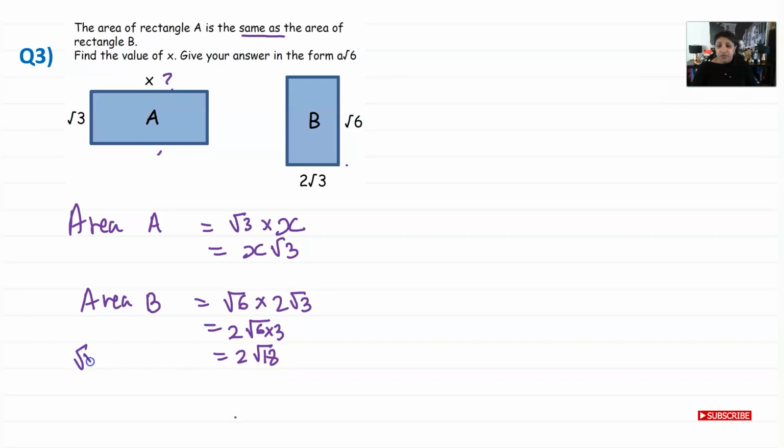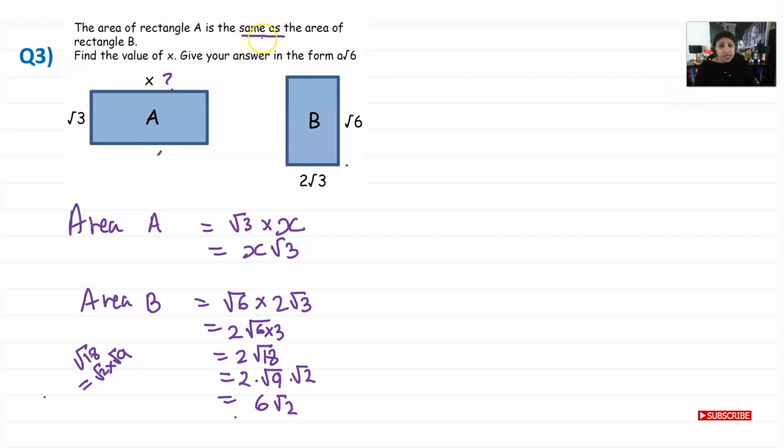Well, square root of 18 can be written as square root of 2 times square root of 9. Square root of 9 is 3, and then you just have root 2. So that's the same as 2 times square root of 9 times square root of 2, and 2 times square root of 9 is 6. So this will give you 6 root 2.